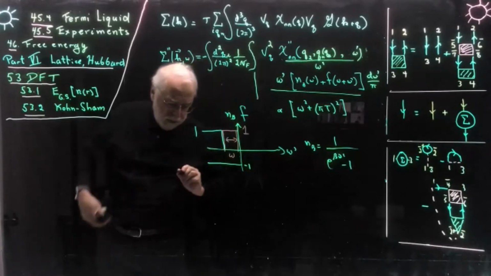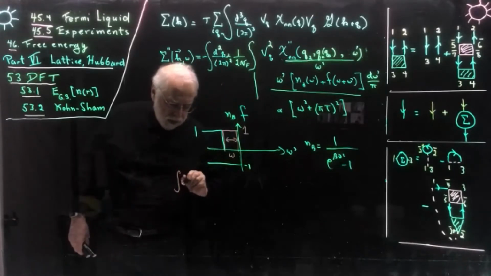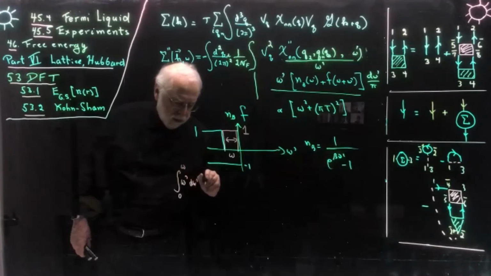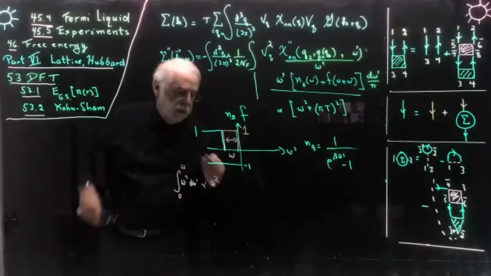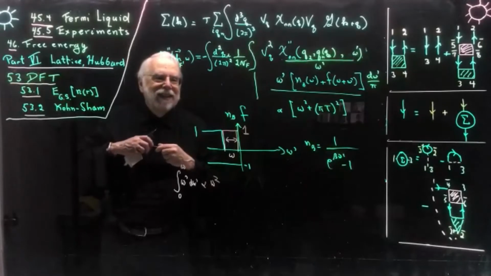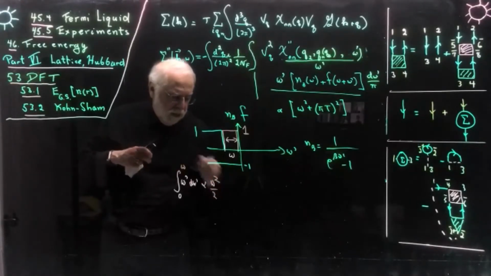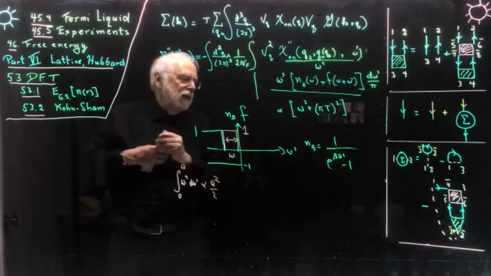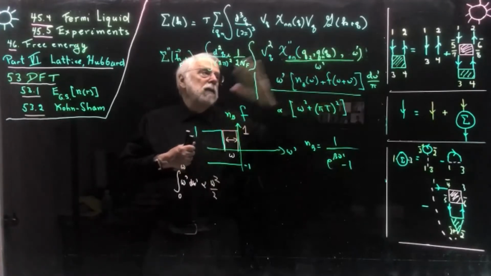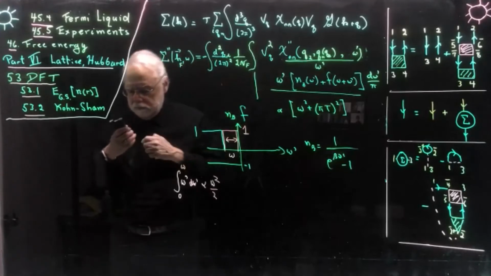So I'm integrating omega prime from 0 to omega, d omega prime. So that's proportional to omega square. You can put 2 if you want. So this is how Fermi liquid comes out.